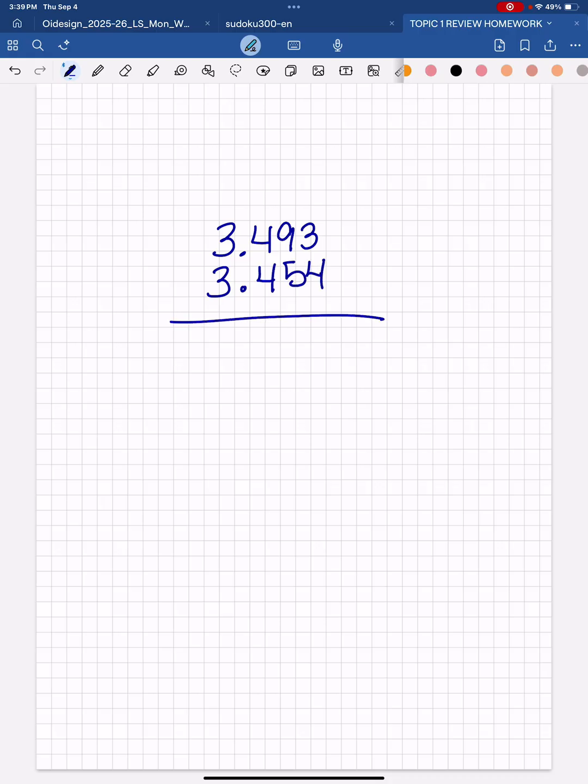Okay, so we start on the left side and we continue across until you come to the first place value where the numbers are different. 3 and 3, they're the same. 4 and 4, they're the same. 9 and 5 are different. So these are the 2 numbers we're going to compare.